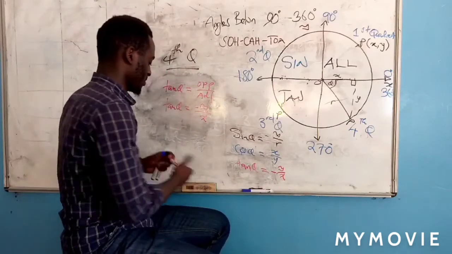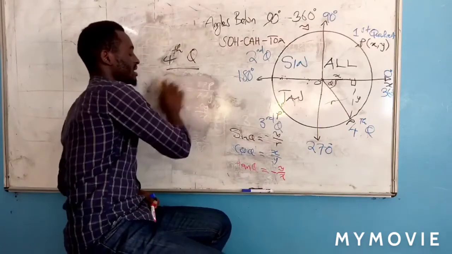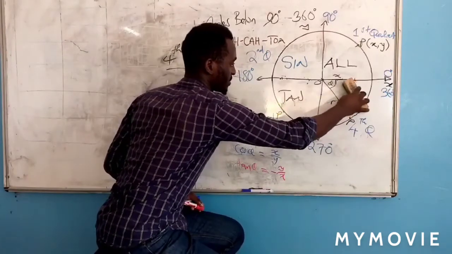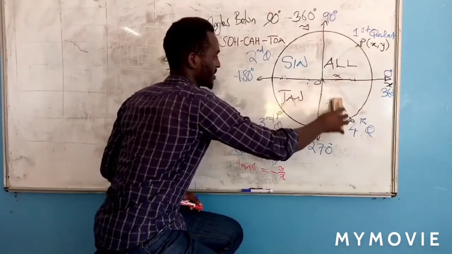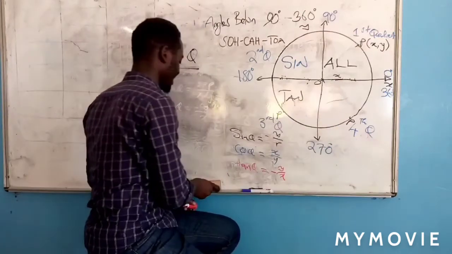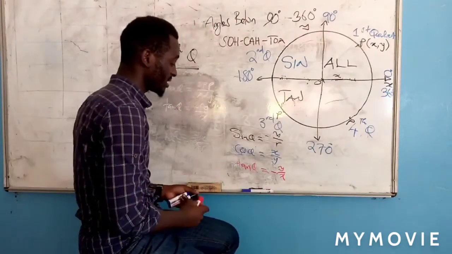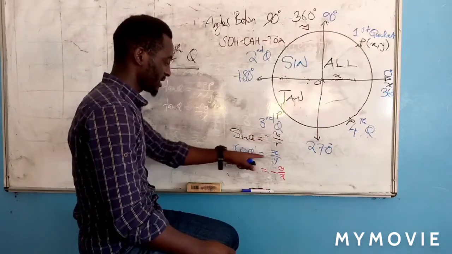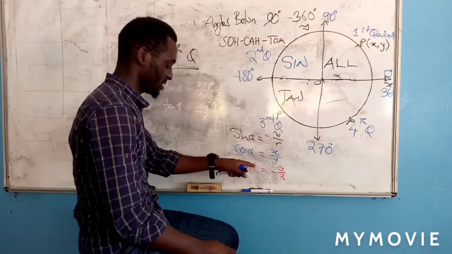Okay, so in conclusion, in the fourth quadrant we can see by checking the ratios after applying SOHCAHTOA, sine turns out to be negative, cos is positive, tangent is negative.